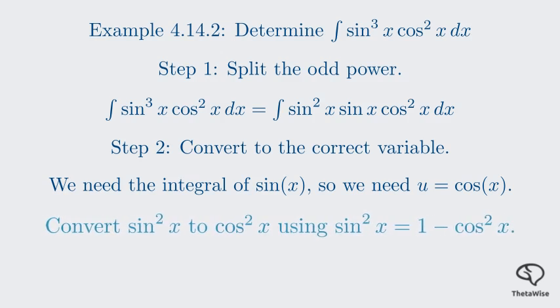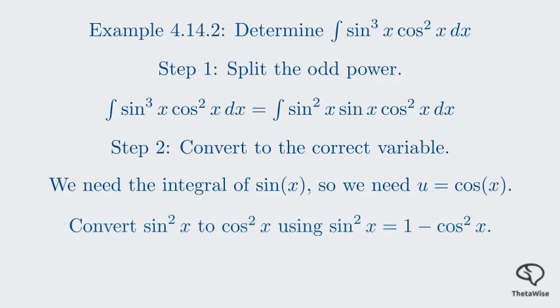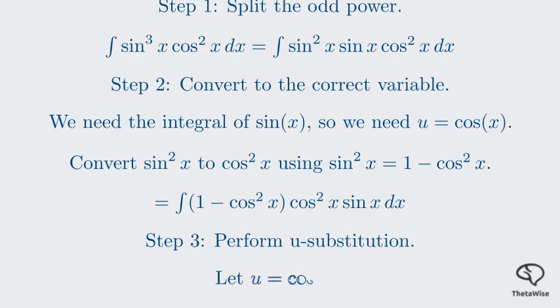We must therefore rewrite everything else in terms of cosine x. Using the identity, sine squared x becomes 1 minus cosine squared x. This gives us the integral of 1 minus cosine squared x times cosine squared x times sine x. Everything is now in terms of cosine x, except for the sine x that's saved for our du. Let's perform the substitution.